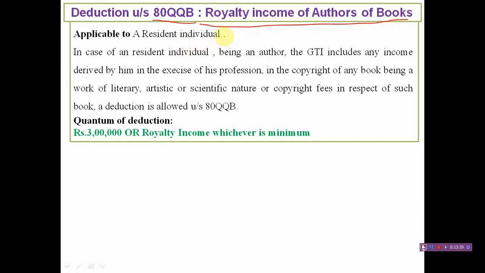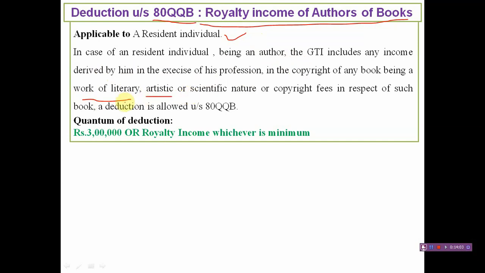It is applicable to a resident individual who is an author, whose gross total income includes any income derived by him in the exercise of his profession from the copyright of any book, being a work of literary, artistic or scientific nature, or copyright fee in respect of such a book.